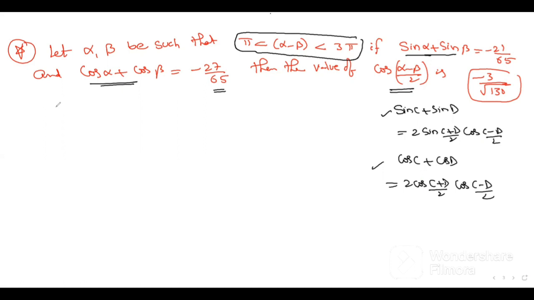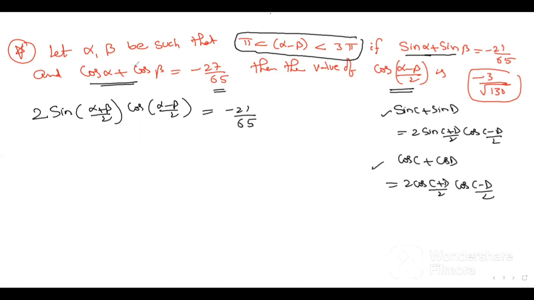Now we apply these two formulas in this statement. Sin alpha plus sin beta is 2 sin((alpha plus beta) by 2) into cos((alpha minus beta) by 2), equal to minus 21/65.